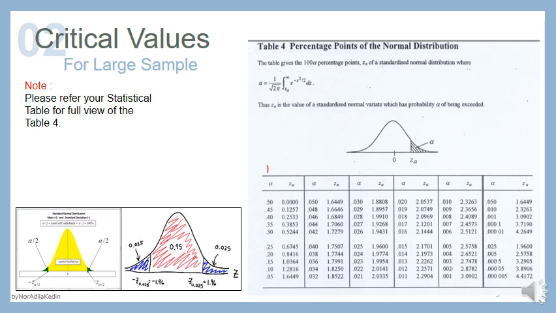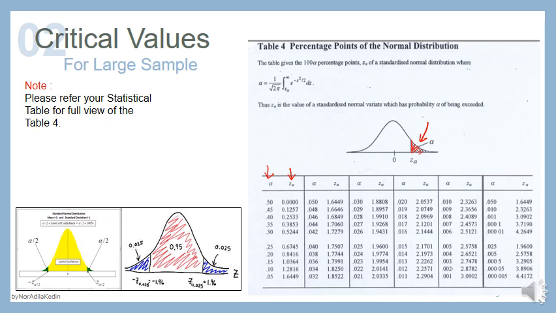So this is the alpha value and this is your critical values. Now, if you notice dekat sini dalam table ni, alpha yang dia bagi adalah one tail. Maksudnya, you ada satu normal curve dan dia bagi you one-sided.